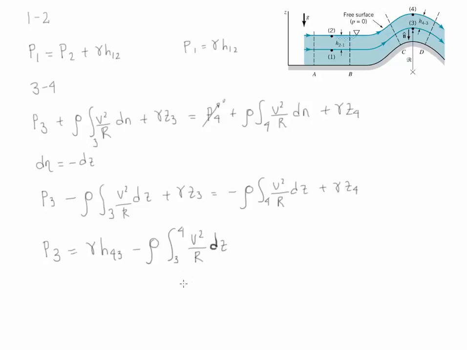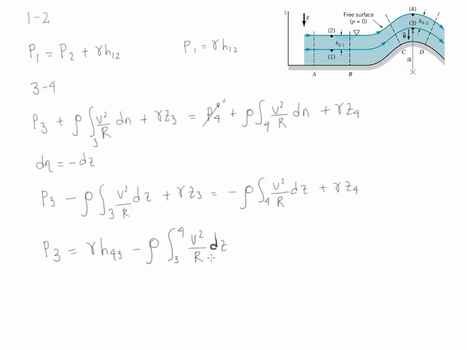Notice that if the section between point 3 and point 4 were not curved, and the values of H43 and H12 were the same, the pressures would be the same. However, because we have the curvature, we have to add this term.